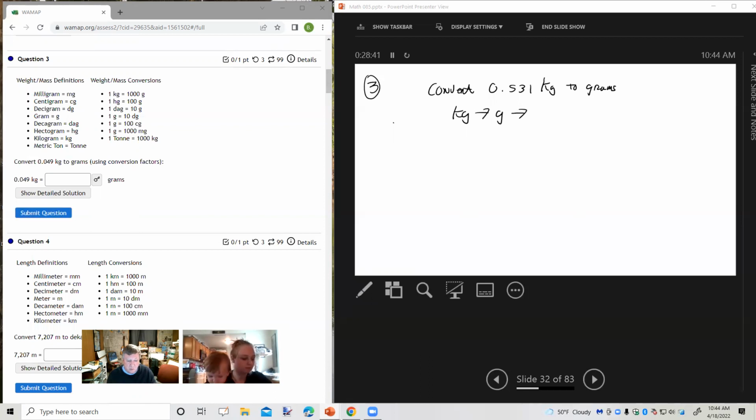In this case, we're just mailing a letter to the post office, aren't we? It's just going to grams. That's all the further we're going to go. So I've got 0.531 kilograms. And then here I'm going to have kilograms and grams. And let's see, 1 kilogram is 1,000 grams.